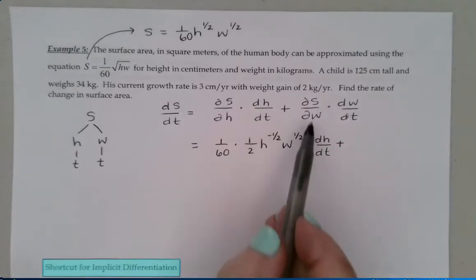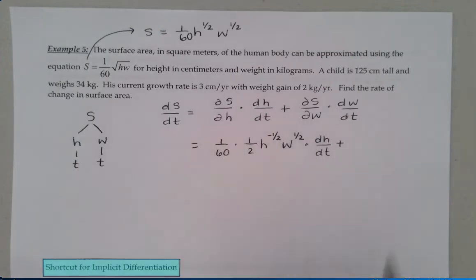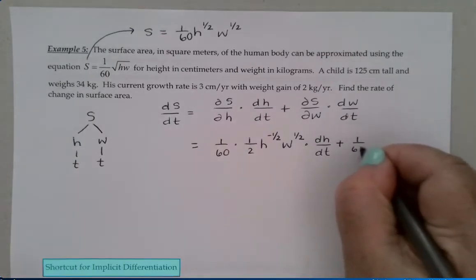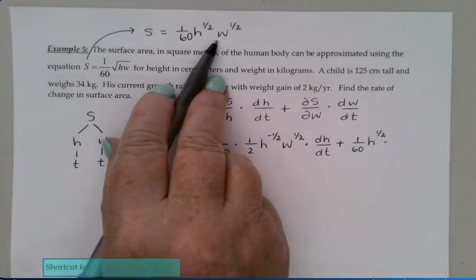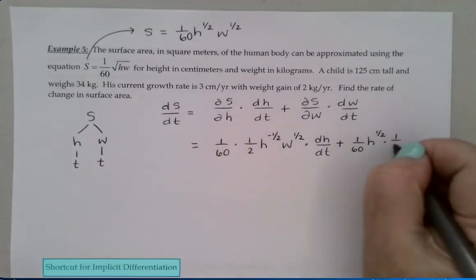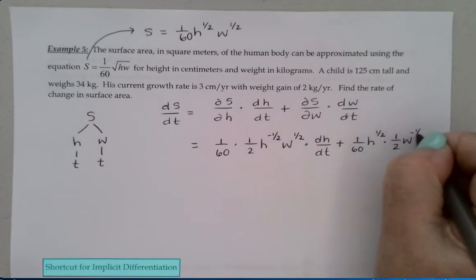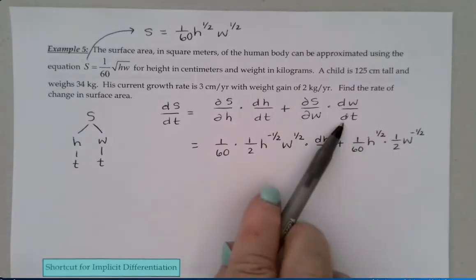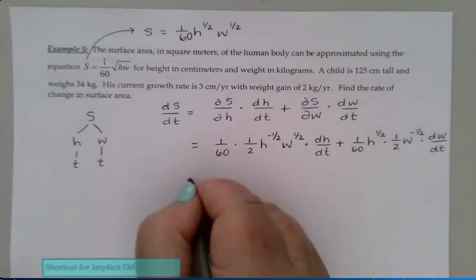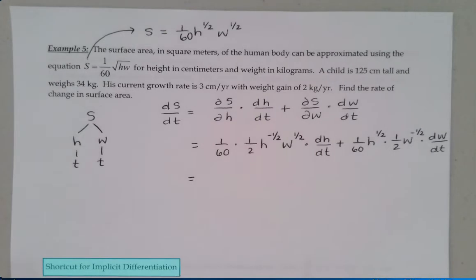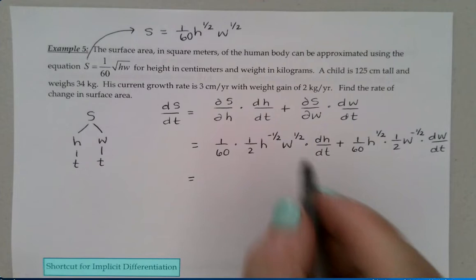I have something very similar over here. The derivative of S with respect to W: I've got 1/60th H to the 1/2 times 1/2 W to the negative 1/2, and then I've got the times dW/dt. All right, I'm going to clean that up a little bit before I start plugging in numbers.